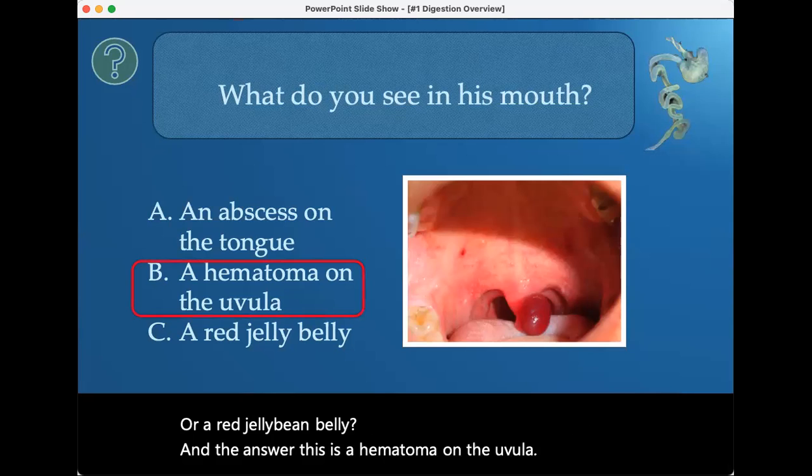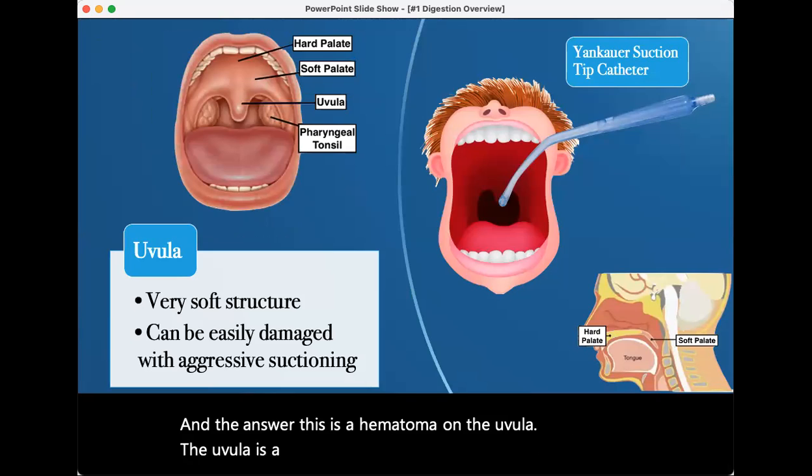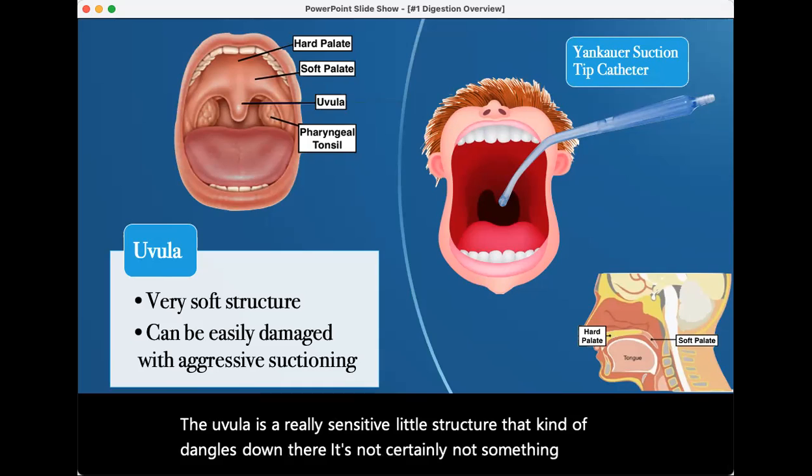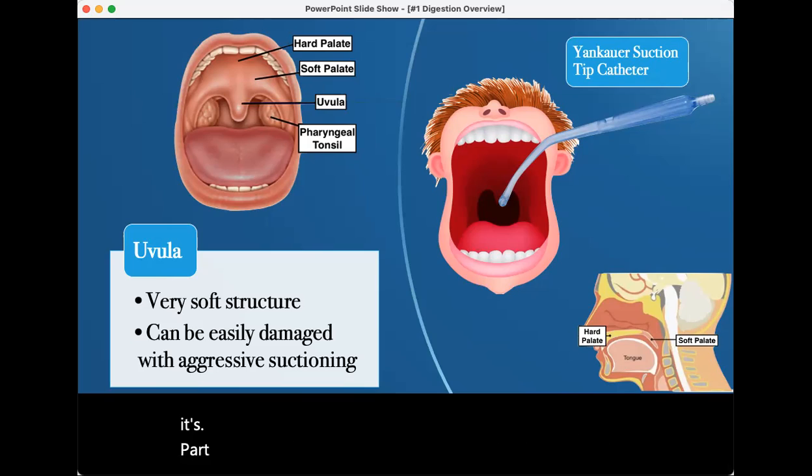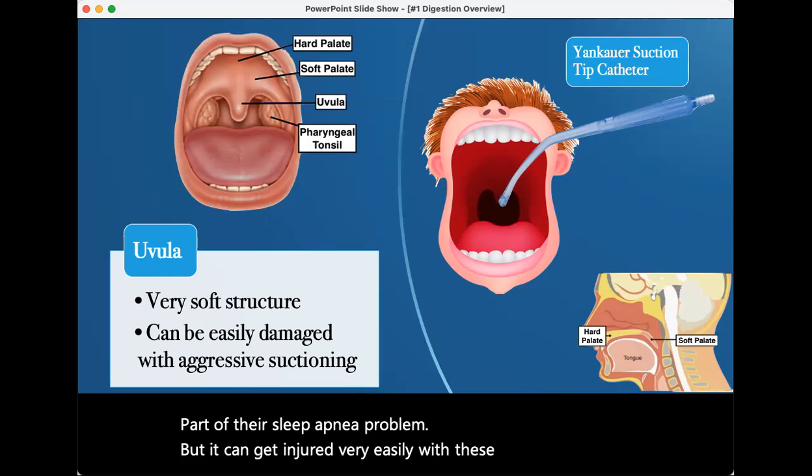The uvula is a really sensitive little structure that kind of dangles down there. It's certainly not something you absolutely have to have. People actually have it removed if it's part of their sleep apnea problem. But it can get injured very easily with these Yankauer suctions.